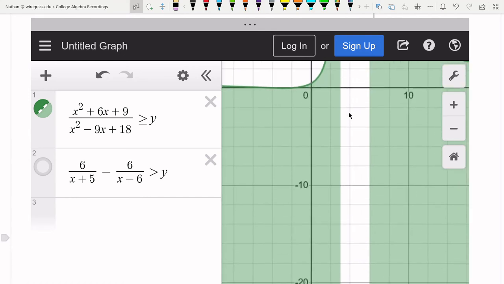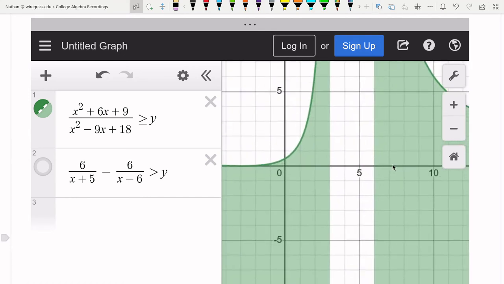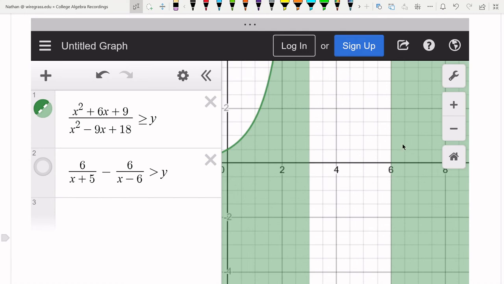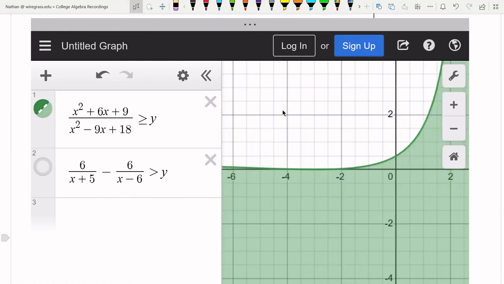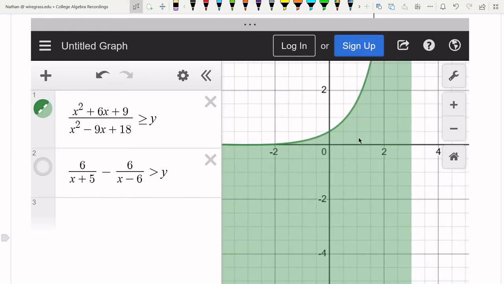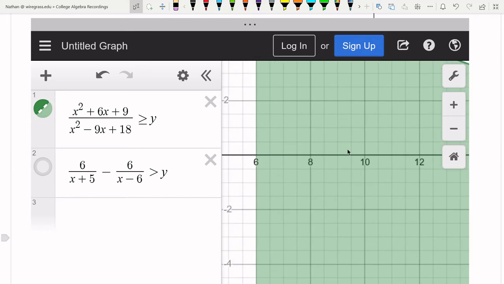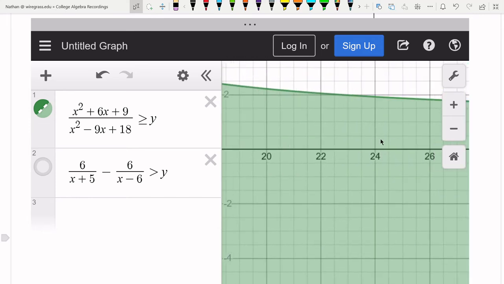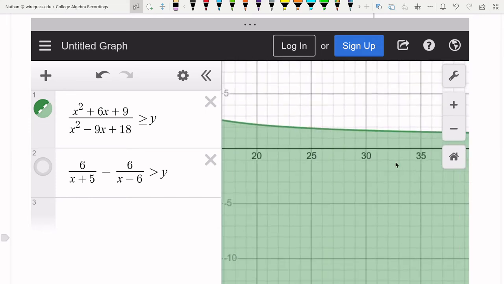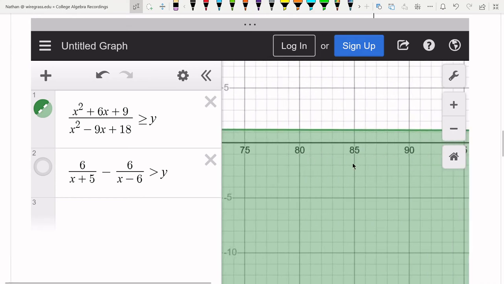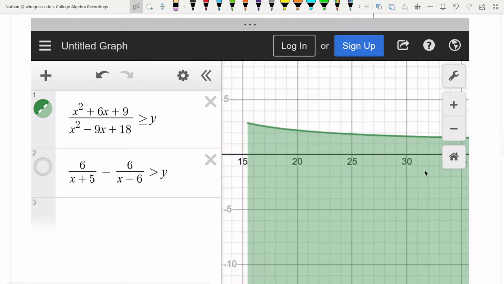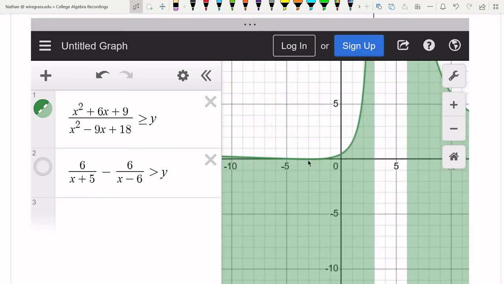And that happens at positive 3 and positive 6. Negative 3 is included. Everything less than that, everything between negative 3 and positive 3, and everything greater than 6 is also included there. This never crosses the x-axis. It may get closer and closer to it, but it never crosses it.